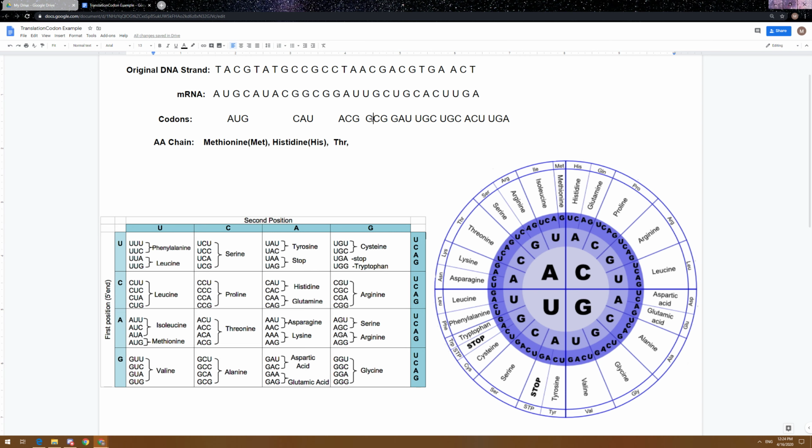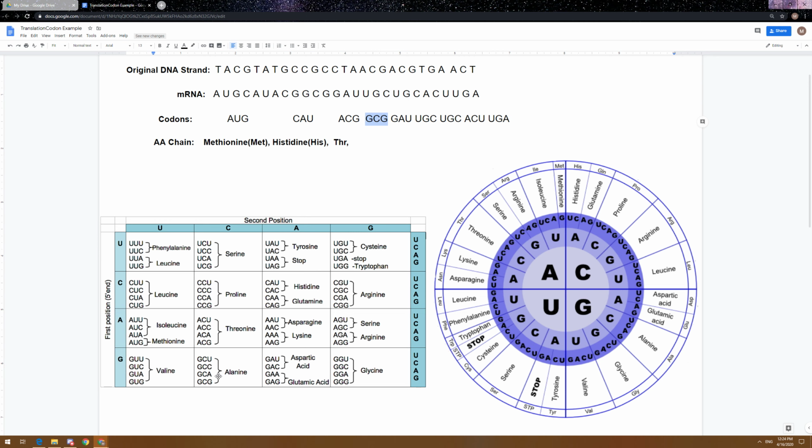Let's try using the chart again for GCG. So first position is G. Second position is C. So we're in this box. And you'll notice no matter what third position letter is, it doesn't matter, it's going to be alanine.